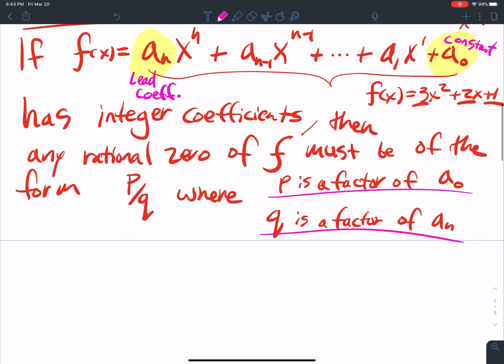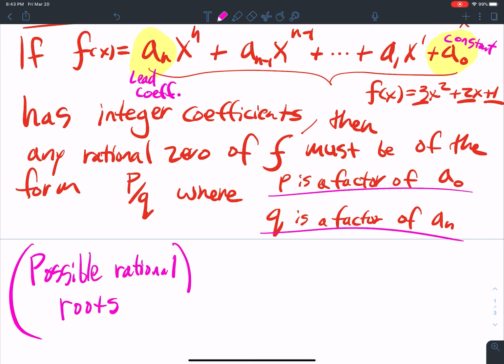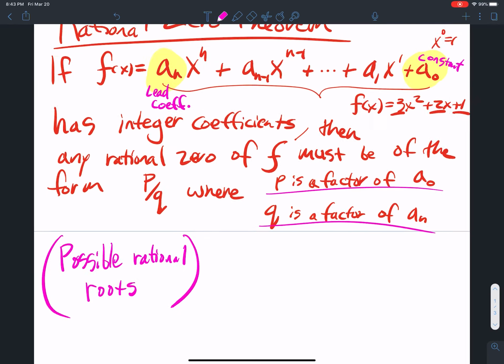All right, so here it is: possible rational roots. Now you need to understand, we're not saying all the roots, we're just saying these are possible rational roots.